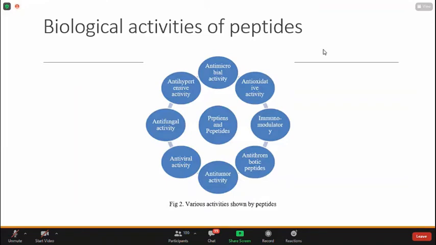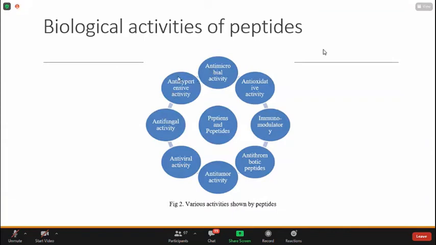But for storage protein, a lot of research has shown that they have these properties: antimicrobial activity, antioxidant activity, immunomodulatory, anti-thrombotic peptide, anti-tumor, antiviral activity, anti-fungal activity, anti-hypertension. We have been doing a lot on anti-hypertensive activity, antimicrobial.